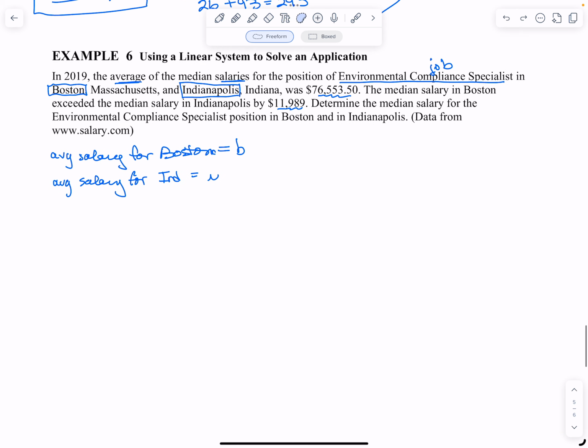Anyway, all right, so notice the first sentence. Let's look what it says. The average of the salaries was this much. Well, how do you average two things? You add them up and divide by 2, right? So that's what we're going to do. So that first sentence is going to be B plus I divided by 2 is going to be a bunch of money.